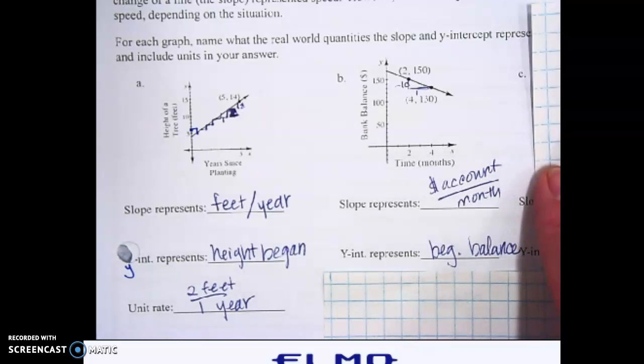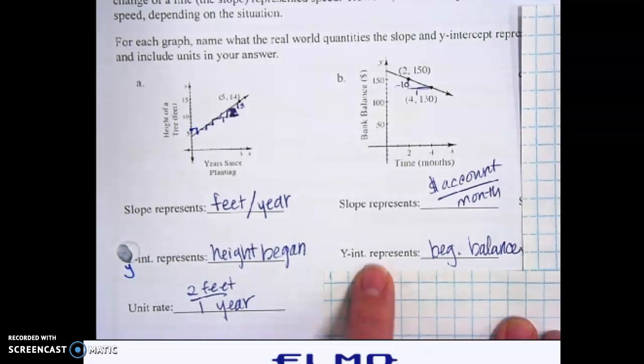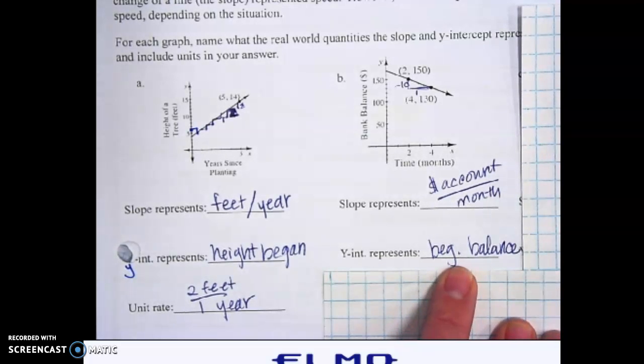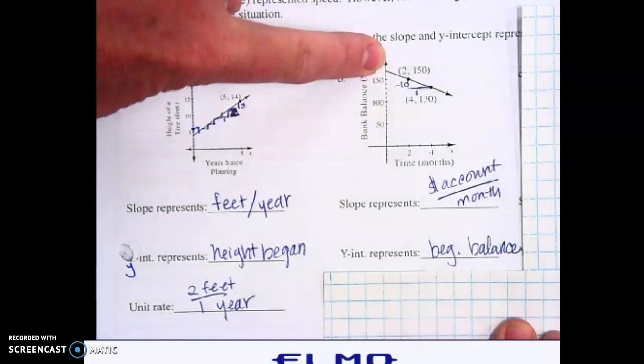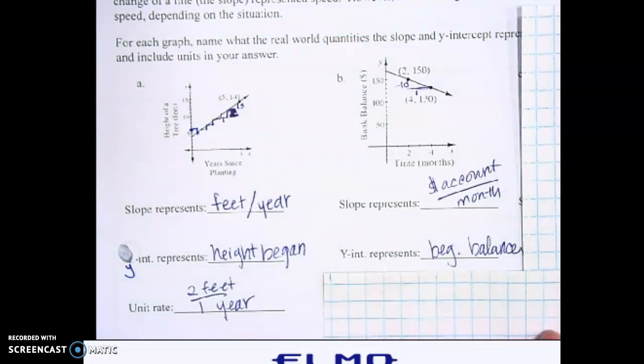Then it's asking what does the y-intercept represent? It represents the beginning balance, right? You go to the bank and you want to open a bank account. What do they expect you to give them? Money, okay? You can't just go in there with no money and say, I would like to open a bank account. What are they going to tell you? They're going to say, come back when you've got some money, okay?